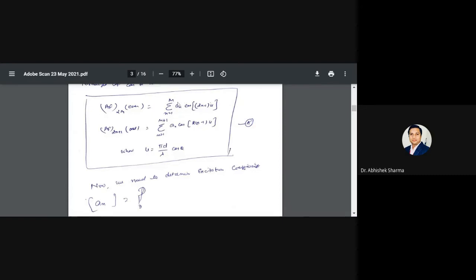So to calculate this we have two methods. One method is the binomial method. The second method is the Dolf-Chebyshev method.